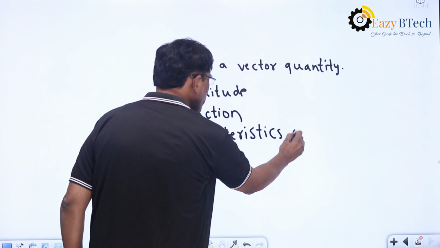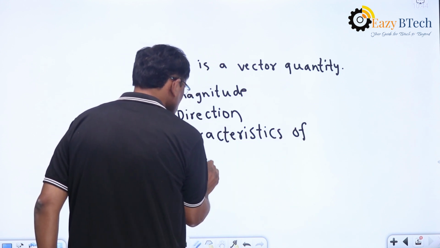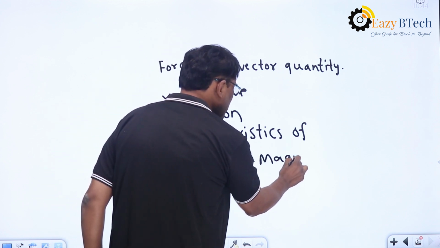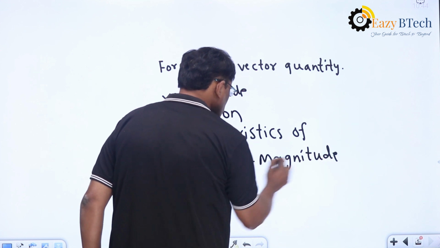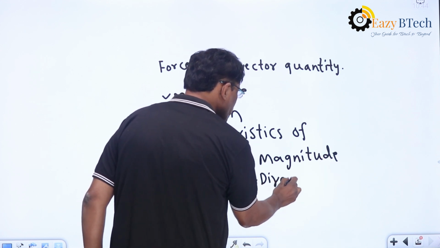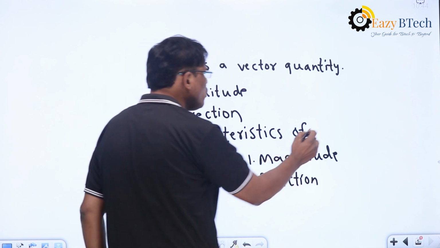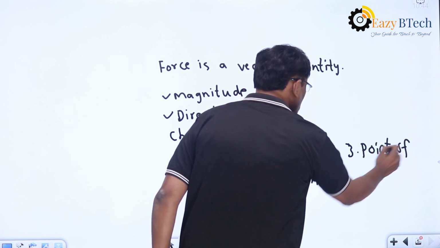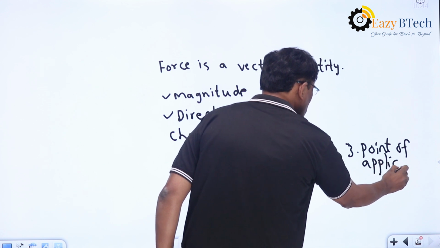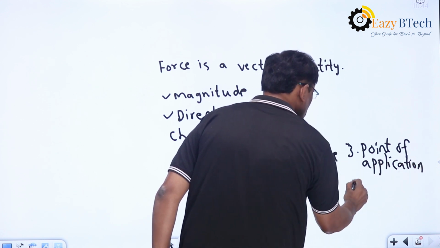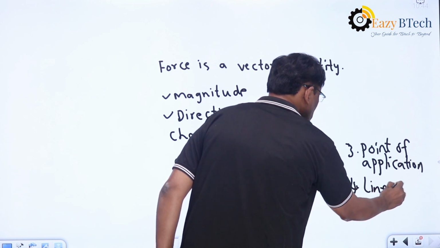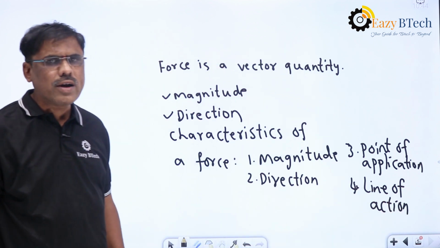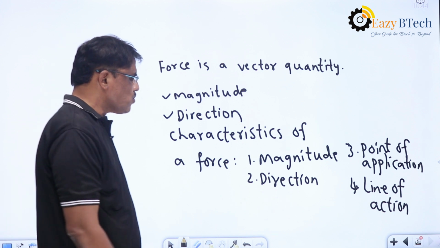One is, as I mentioned already, magnitude, and the second one is direction, and the third one is point of application, and the fourth one is line of action. So these four are the characteristics of a force.